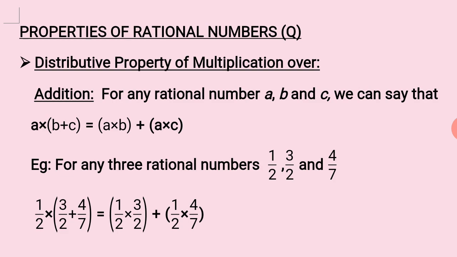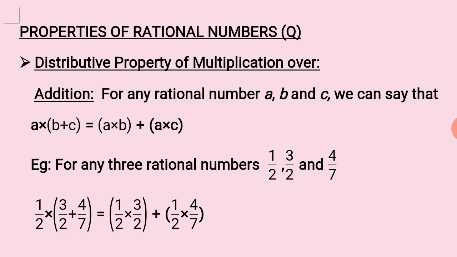Here we have taken an example. The three rational numbers which we have considered are 1 by 2, 3 by 2, 4 by 7. You can choose your own numbers. Now children, they are substituted in place of a, b and c. Here a was 1 by 2, b was 3 by 2 and c is 4 by 7.